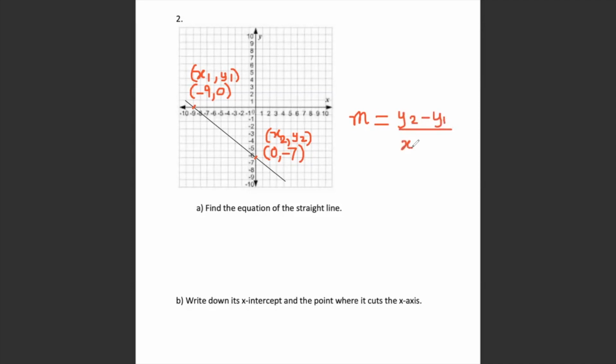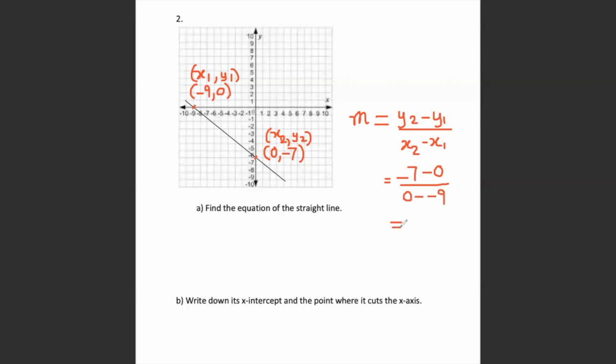So if we do y2 minus y1 over x2 minus x1 for these pair of points, let's see. So this is -7 minus 0 on the top. And at the bottom, we have 0 minus of -9.